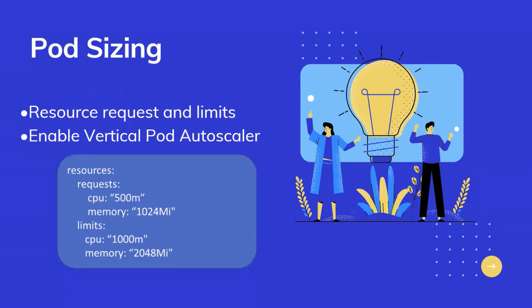Pod sizing is one of the key important things because in the end, most of the consumption happens on the pod. It doesn't matter that you have a service or deployment, the pod is the last resort, right? So what you can do is define a resource limit or request earlier. With that, your pod will consume only whatever is defined.